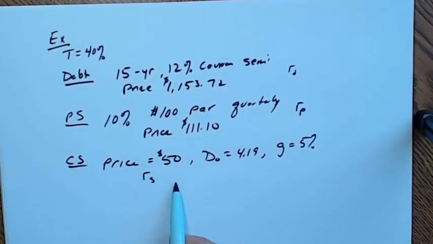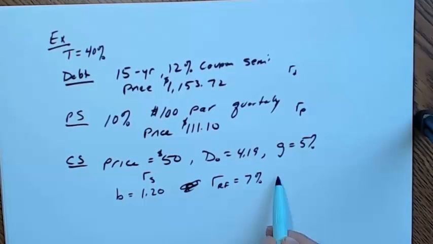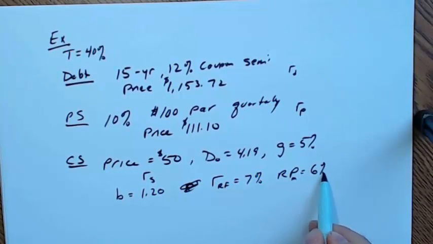Okay, the beta for this company is 1.2. The risk-free rate, make sure I get that right symbol, RRF, that is 7%, and the risk premium on the market, with a little M there, is 6%. Okay. Now, some additional information.